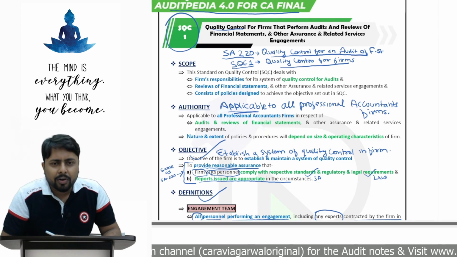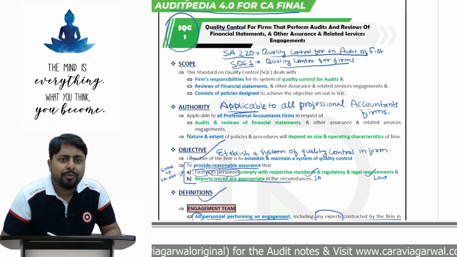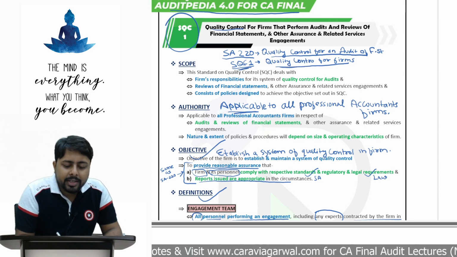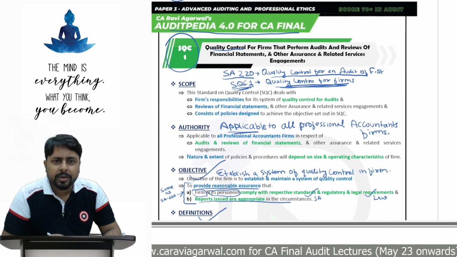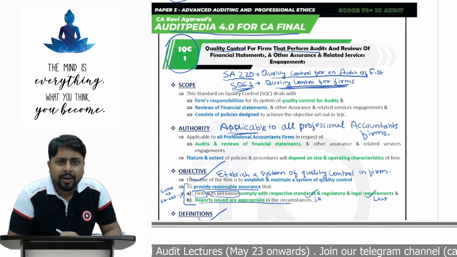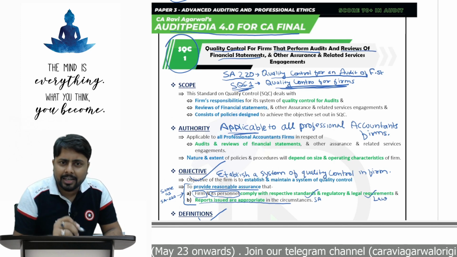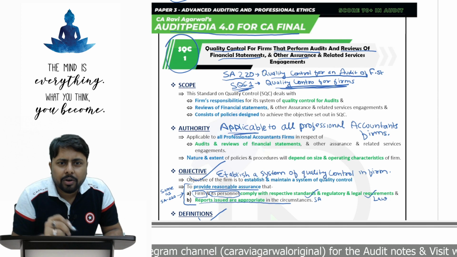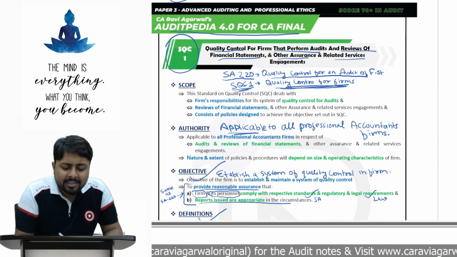But if you are a firm, the firm has to comply with SQC1. What kind of firm, sir? A firm that performs audit, a firm that reviews financial statements, a firm that performs other assurance and related service engagements.